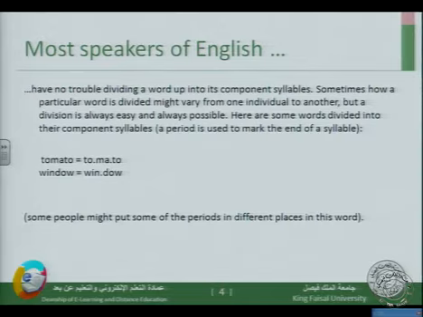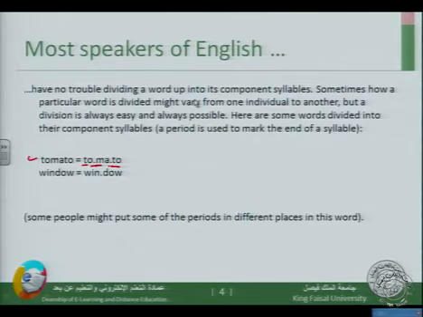Here are some words divided into their component syllables. A period is used here to mark the end of a syllable, like the word tomato. How many syllables do we have? Three. This is what I mean by syllable.